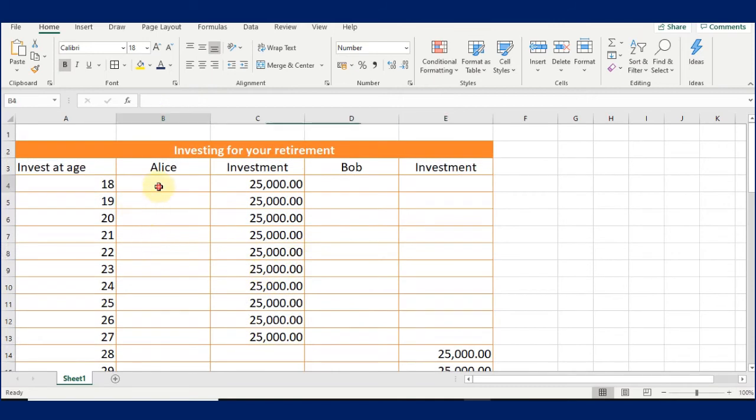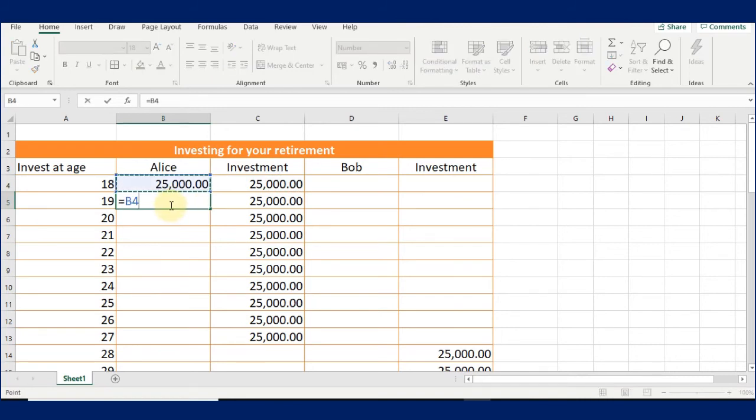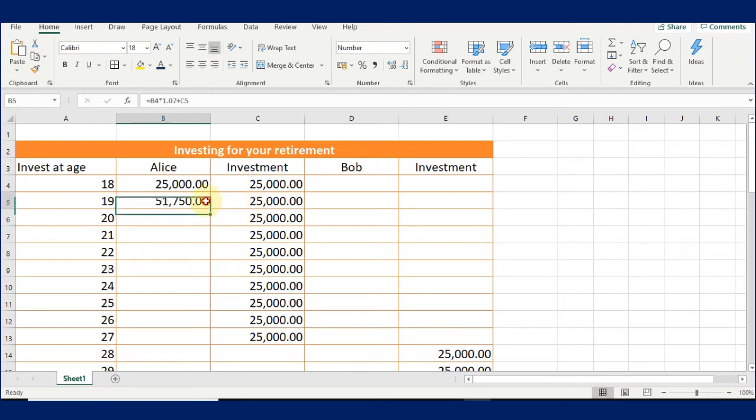Okay. So let us compute. Of course at age 18 Alice has 25,000, and then it will start to accumulate interest, right? So this one will be multiplied by 1.07, and then we will add her additional investment. And then just like in our examples of investing early, right?